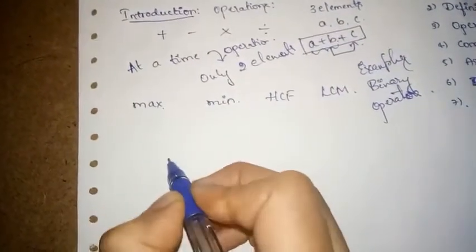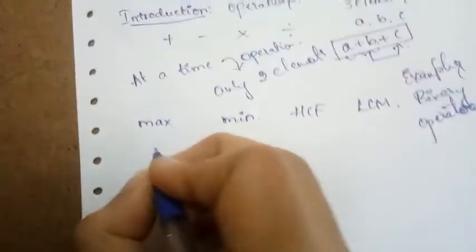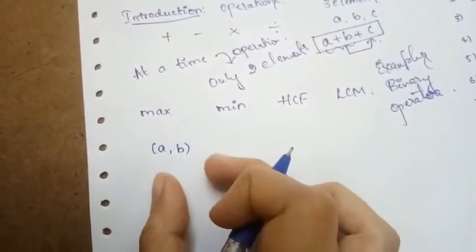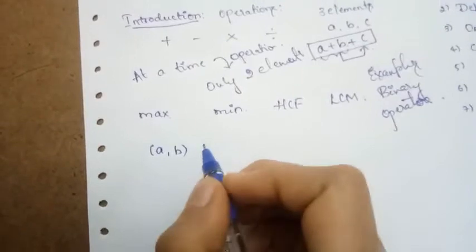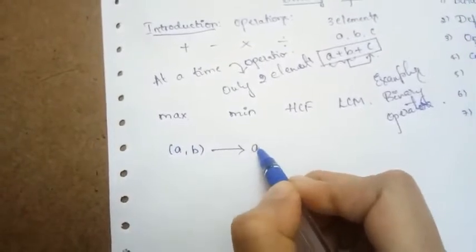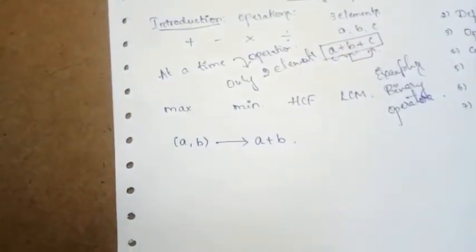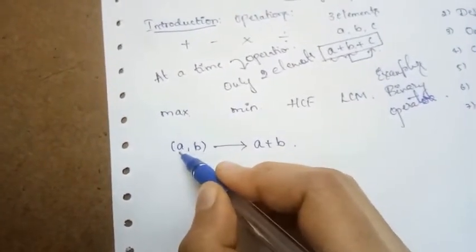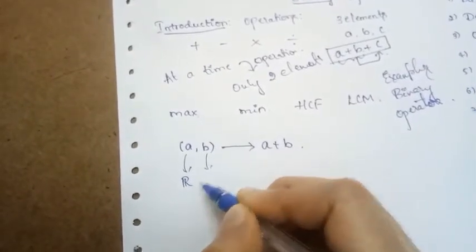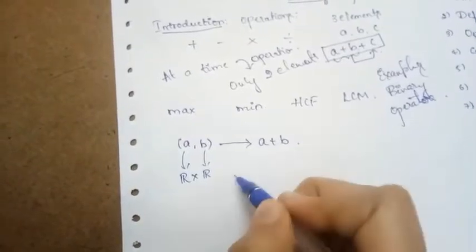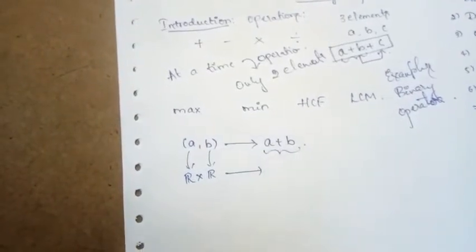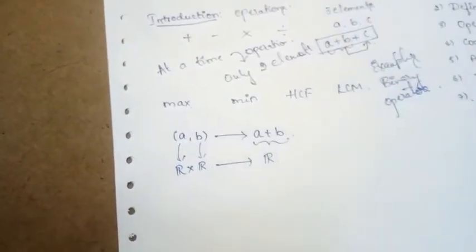Suppose I take any two numbers, say A and B. If the operation involved between these two numbers is addition, then what we get is A plus B. If I take the number A from the set of real numbers, and B is also taken from the set of real numbers, then whatever the result after applying the operation to these two elements, it belongs to the set of real numbers.